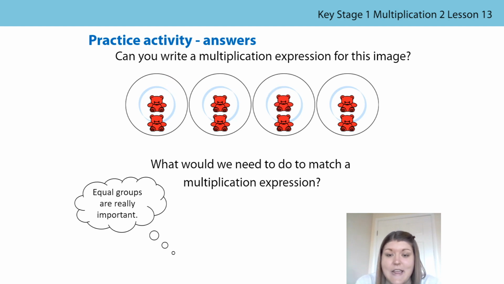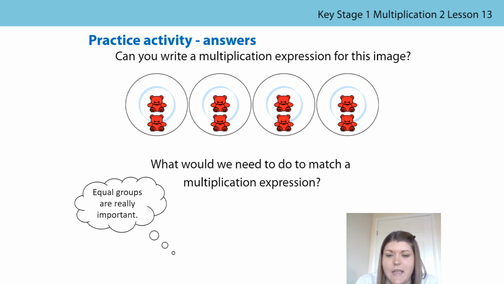So I need to make them equal before I can write my expression. So let's check that picture now. Yeah, each group is equal. There are 2 bears in each group. Is that what you did? Oh, good. Then you are definitely super fantastic at knowing that you need your equal groups.